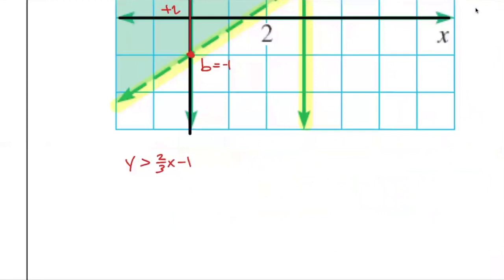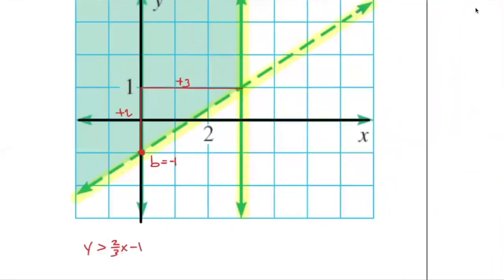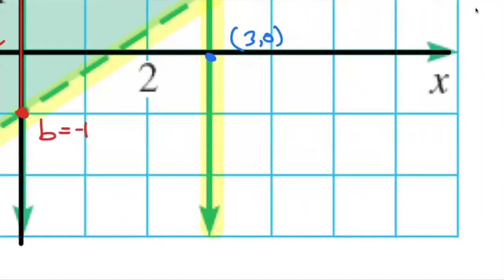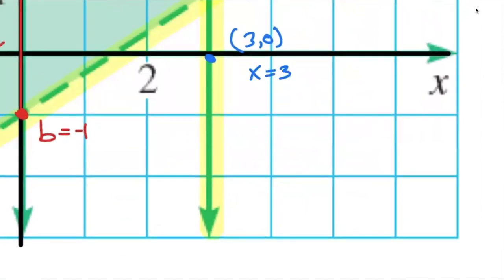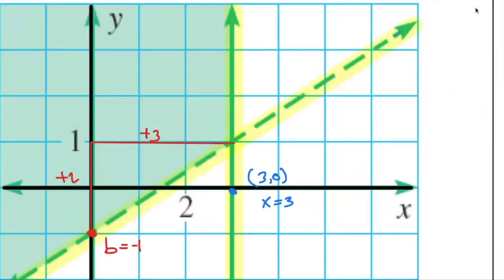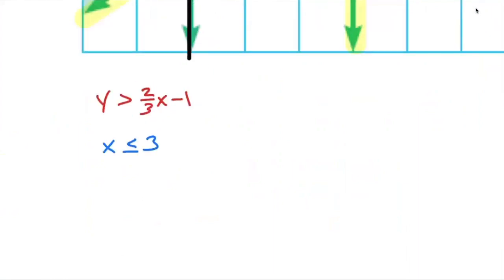So that's my first equation. Now for the next equation, our vertical line passes through the point 3, 0, and it's a vertical line, which means it's an x equals equation. We have a solid line, and we are shaded below that solid line, so solid and below, which means less than or equal to. So that would be our system right here.